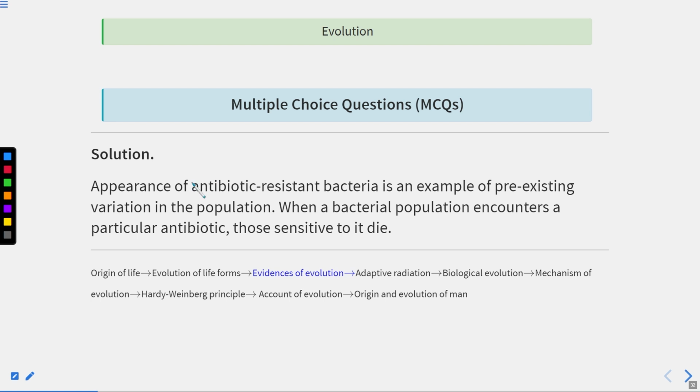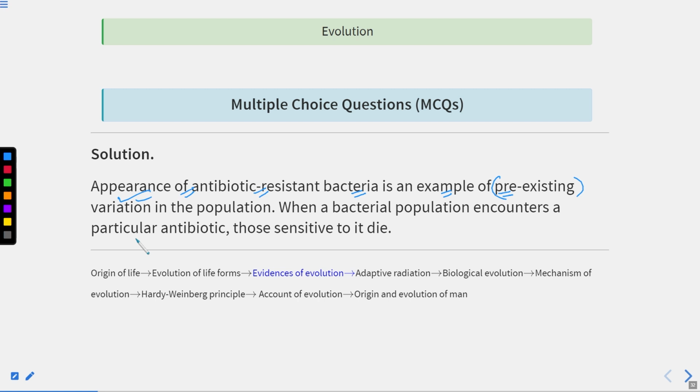Appearance of the antibiotic resistant bacteria is an example of pre-existing variations. These variations arise due to mutations. So already there are some pre-existing variations in the population which have arisen due to mutation. Suppose a mutation has occurred and it gave antibiotic resistance to the bacteria.